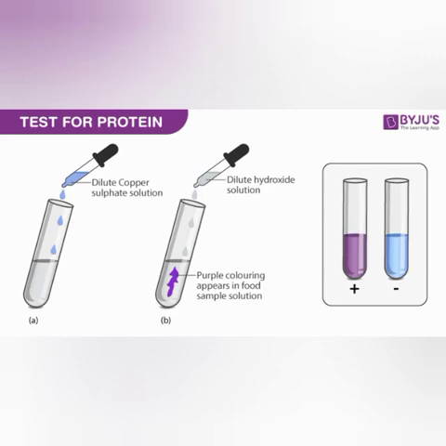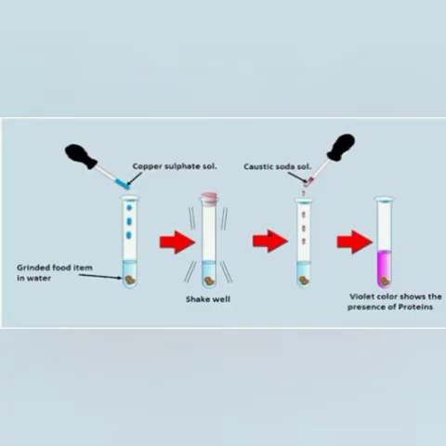This copper sulfate solution should be 2 percentage of copper sulfate solution. Okay, then add one more 10 drops of sodium hydroxide solution to the same food sample and mix it well and keep it for 1 or 2 minutes.